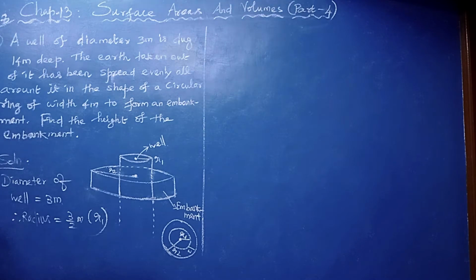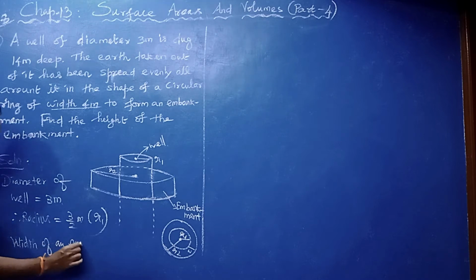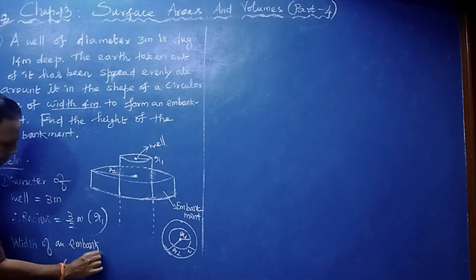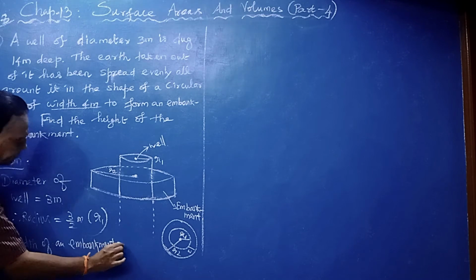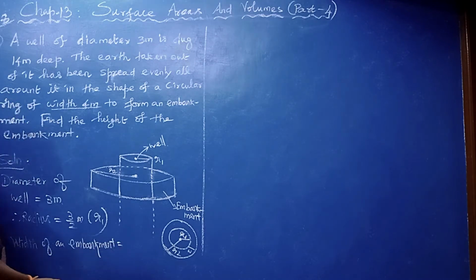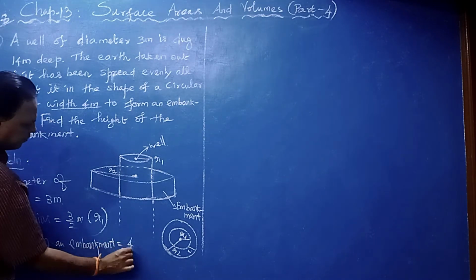The earth taken out has been spread evenly all round in the shape of a circular ring of the width of the embankment. Width of the embankment, how much is given? 4 meter.